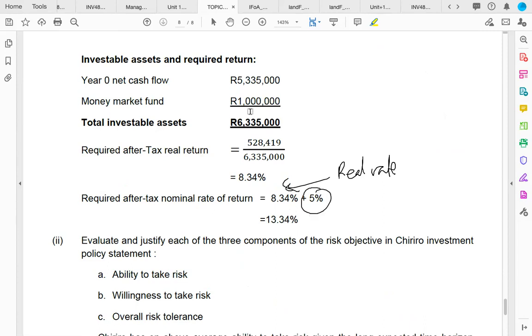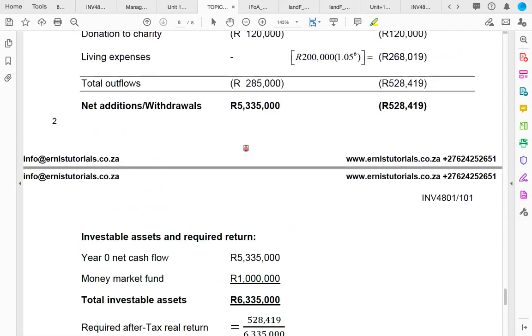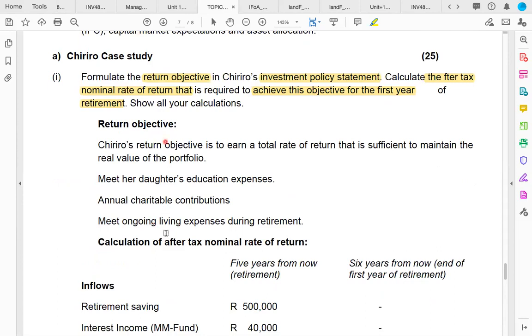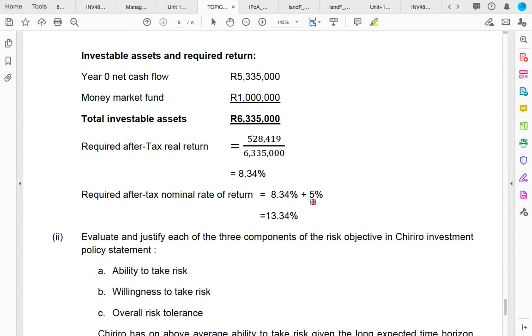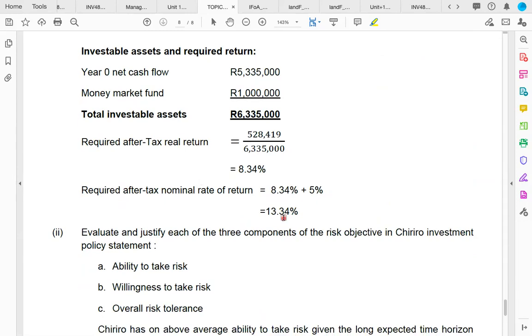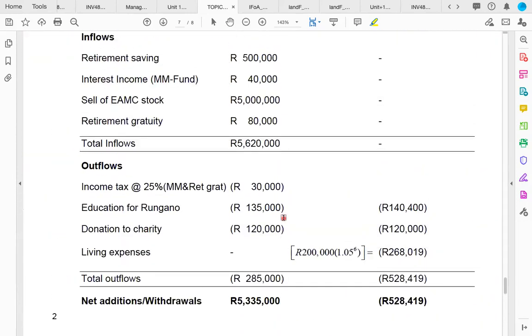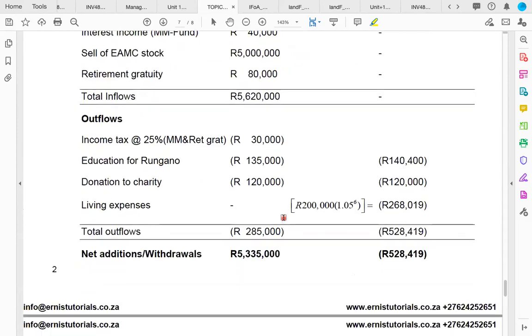So this capital base of 6,335,000 has to earn 13.34% so that this lady, Chiriro, can meet all her return objectives and also protect herself against inflation. So that's what this 13.34 means. Okay, so this is something that can come up in assignments and in exams, so I just hope you follow that.